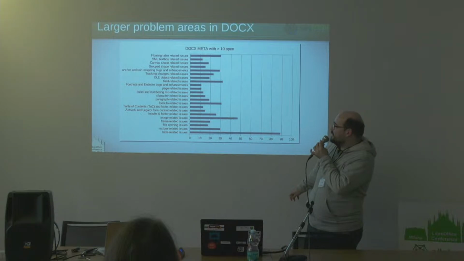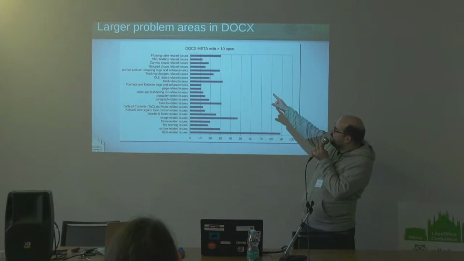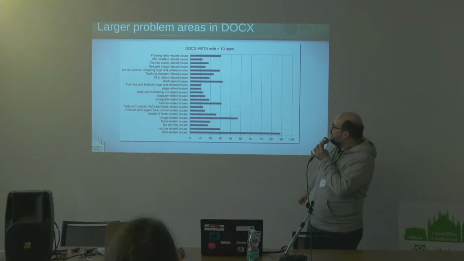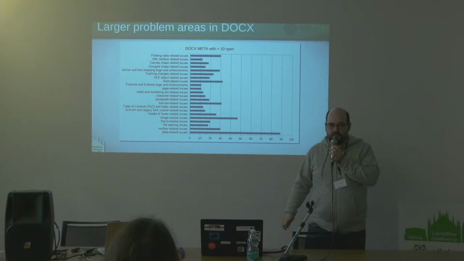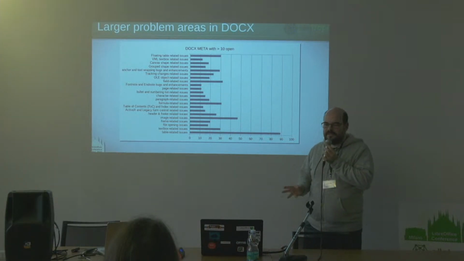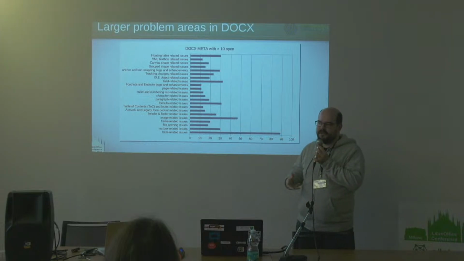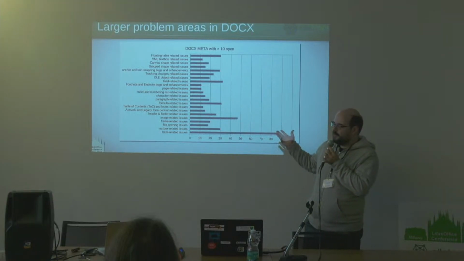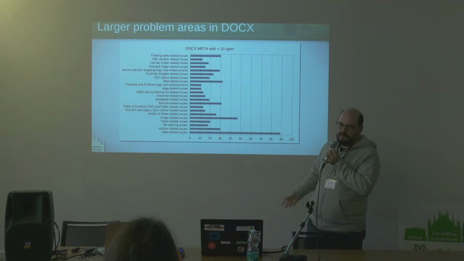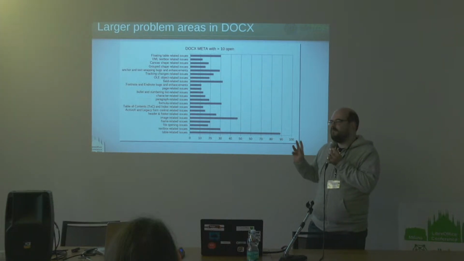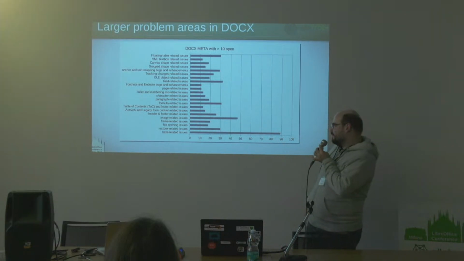So we can see that the floating table alone feature is about at 30 open bugs. You may not see 30 as a very large number, like 1 billion is a large number, but in terms of bugs, 30 is a large number.